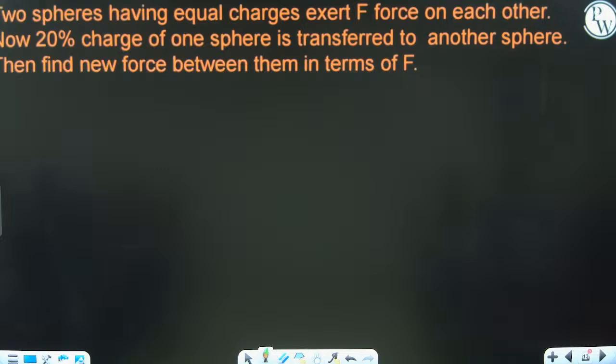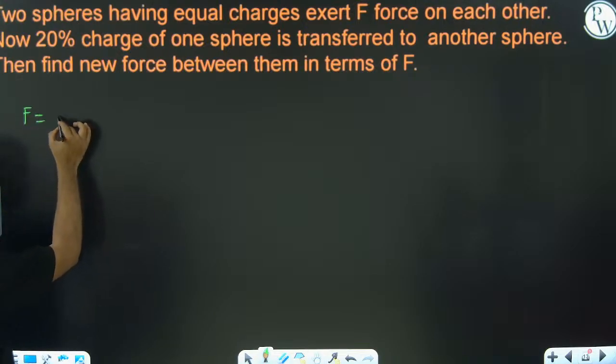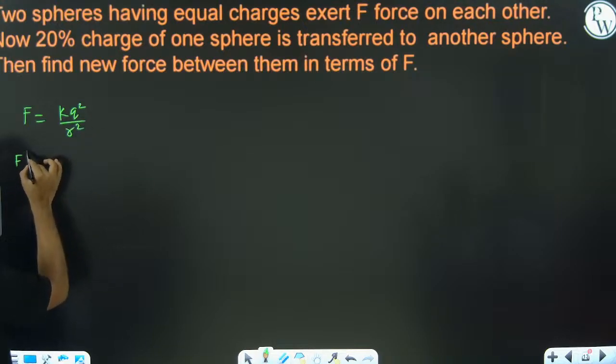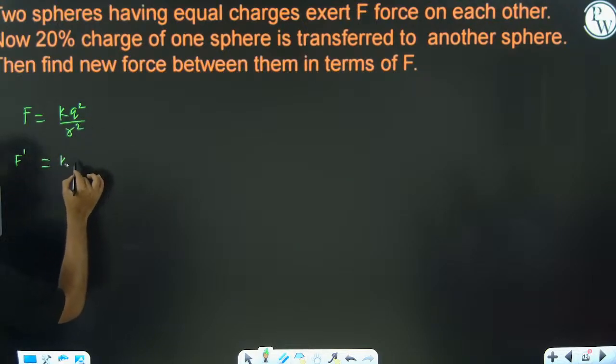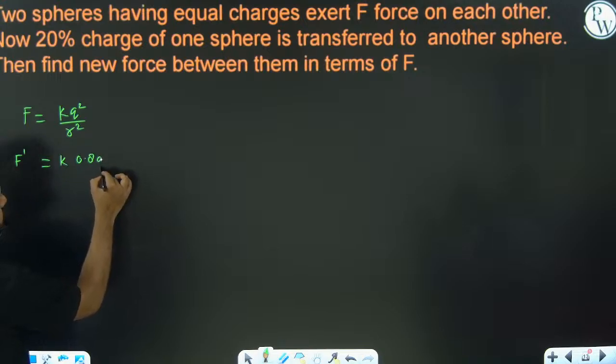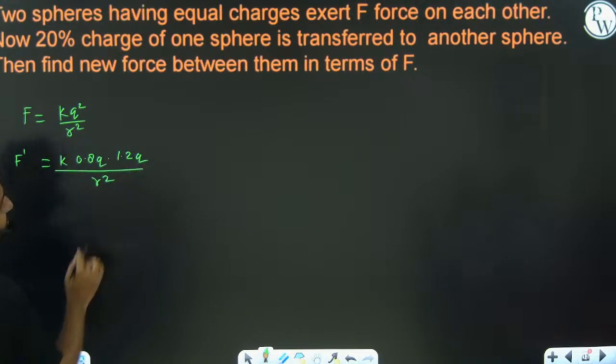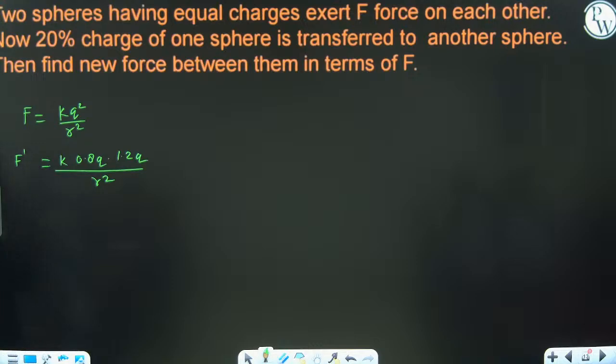Okay. Should I solve it? So the initial force F will be K Q square upon R square. F dash will be equal to K into 0.8 Q multiplied by 1.2 Q divided by R square. Yes or no, beta? Okay.